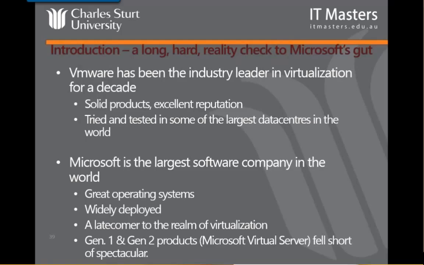VMware is definitely the leader in virtualization for a long time. Very honestly, they have solid products and the reputation is excellent. They have a huge data center, one of the largest in the world. On the other hand, we have Microsoft.